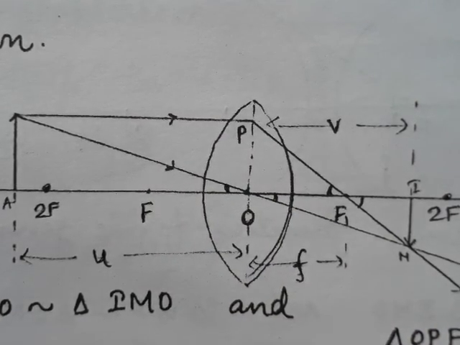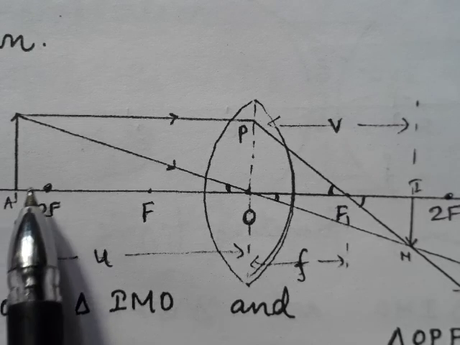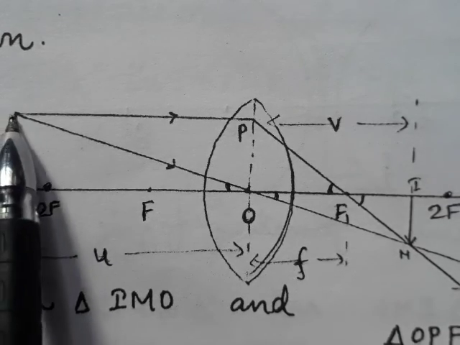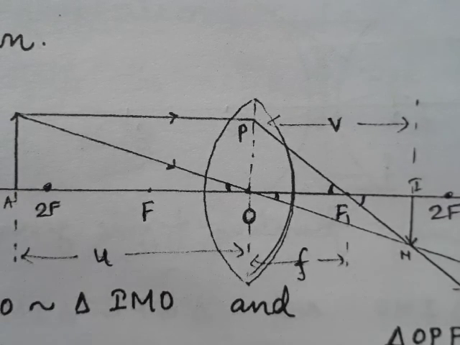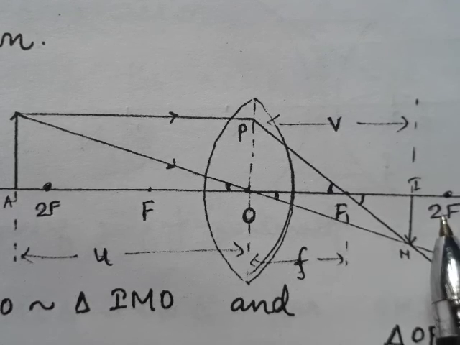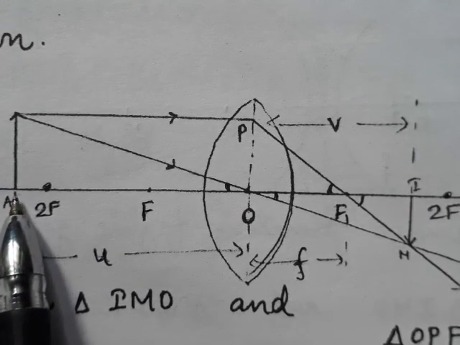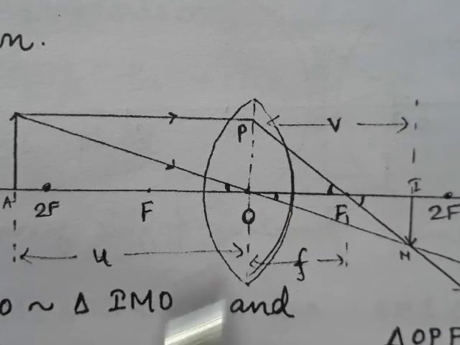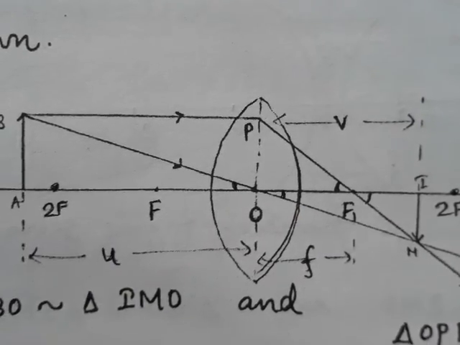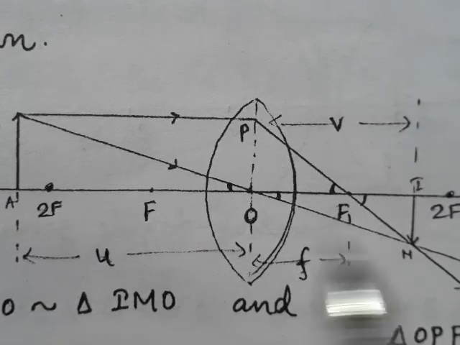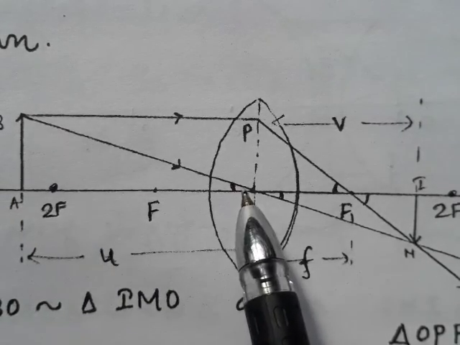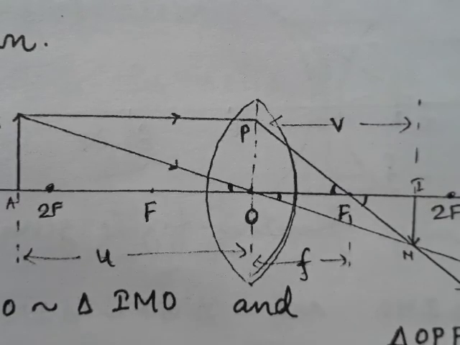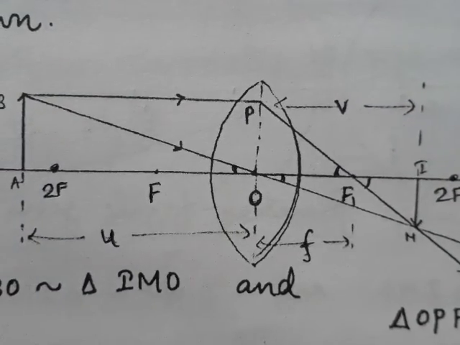For similar triangles, the ratio of sides should be equal, which means if I take this side AB divided by this side IM, that should be equal to AO by IO. So this side by this side should be equal to this side by this side. That's a property of similar triangles.